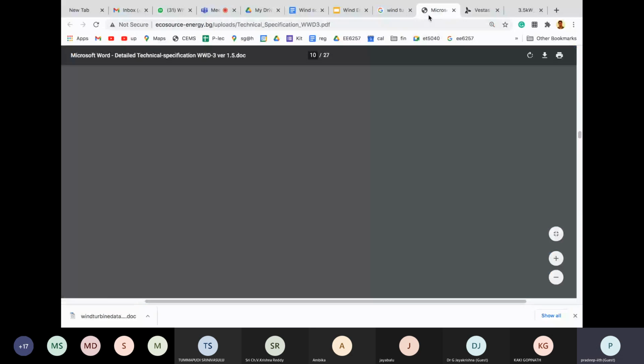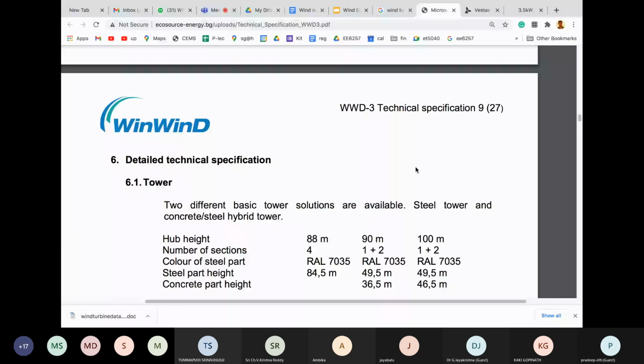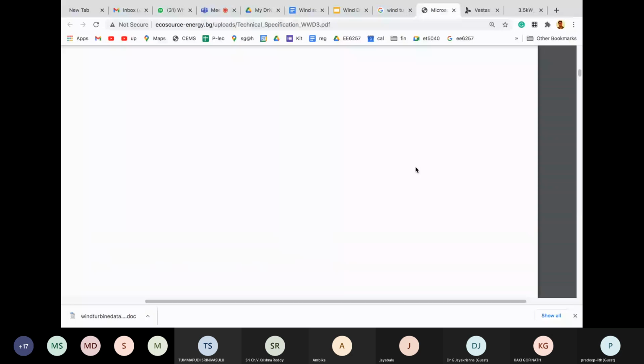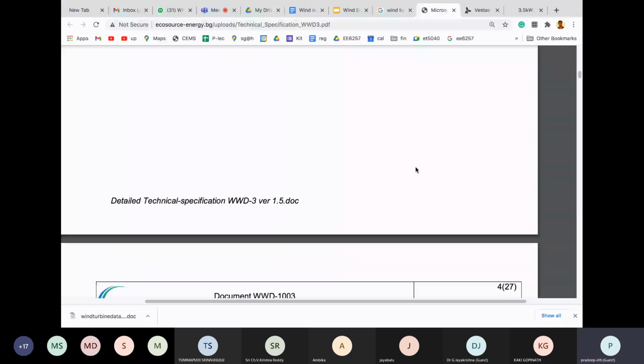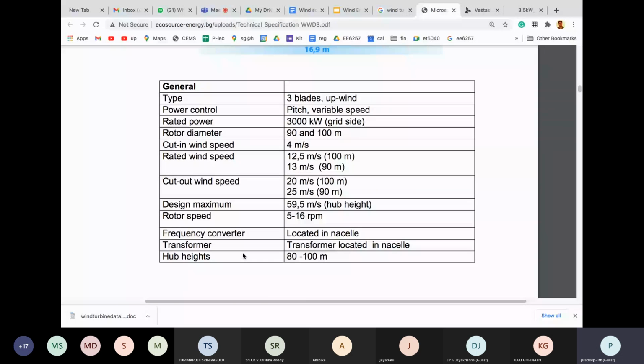If I go back to the earlier one, here you can see rotor diameter is 90 meters. Because the rotor diameter is the same for here and there, maybe there the height might be less.